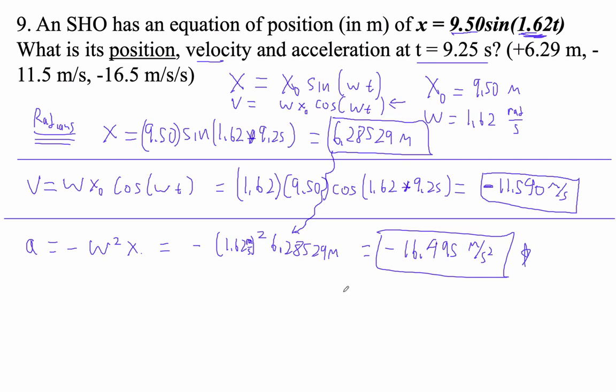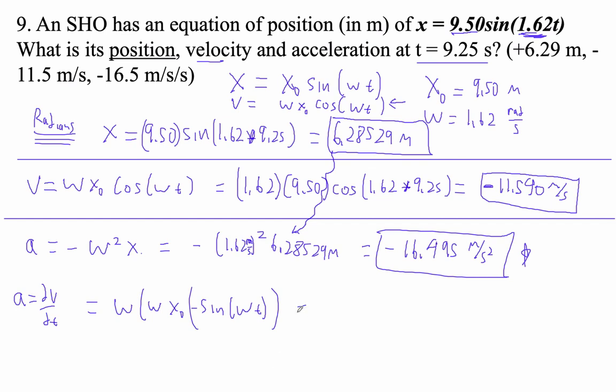Now let's just imagine that you understood calculus. Isn't the acceleration just dv dt? Well, yes, it is. So if we take the derivative of this function, it's just the chain rule again. The derivative of cosine is negative sine, and then the omega comes out in front, so you get omega times omega x naught negative sine omega t.